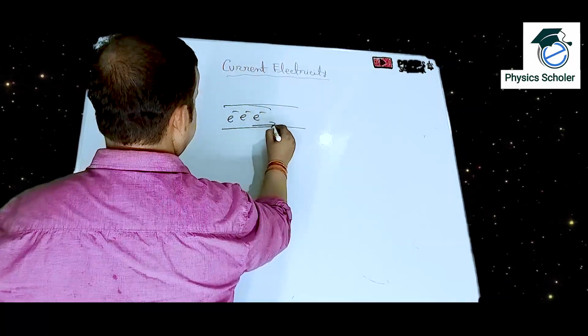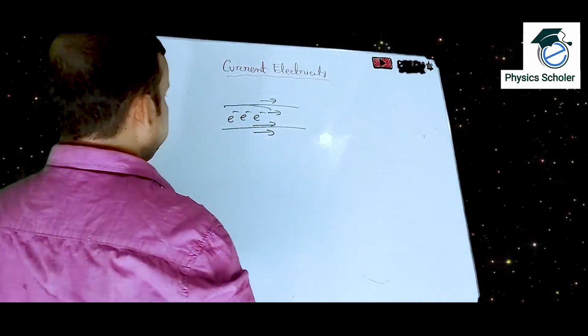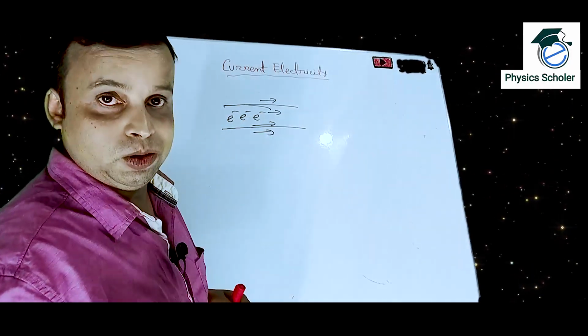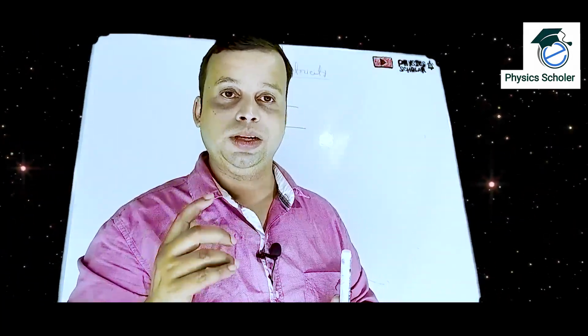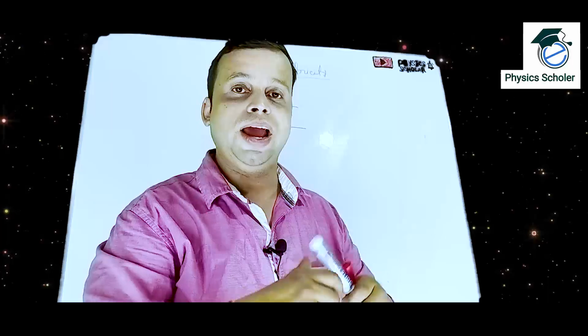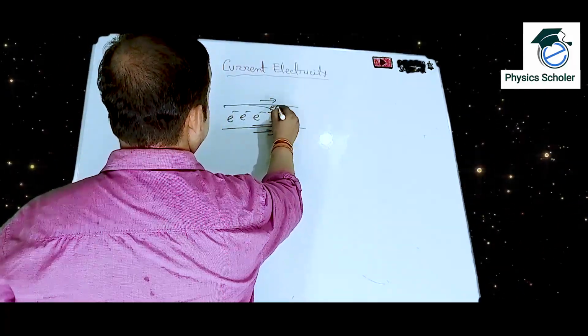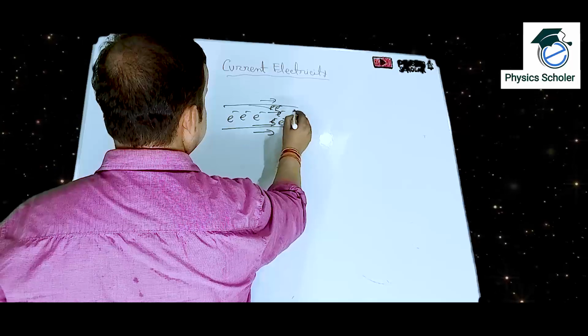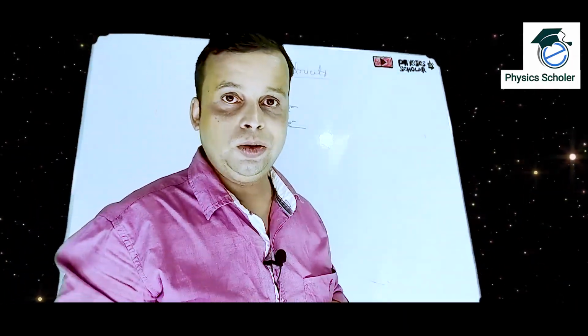When electricity flows, there will be a flow of free electrons. But in the materials, other electrons are also there. So the free electrons will collide with the other electrons inside that material.